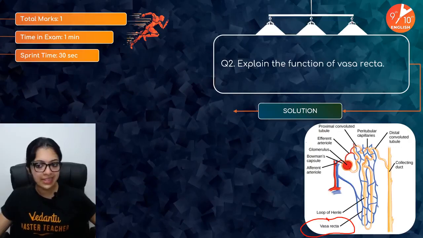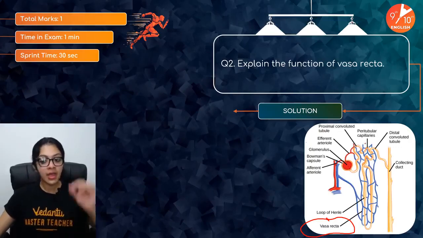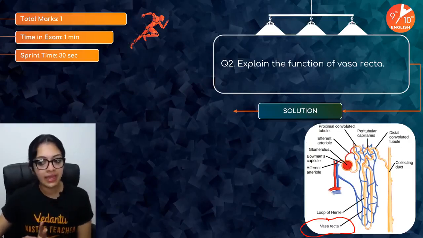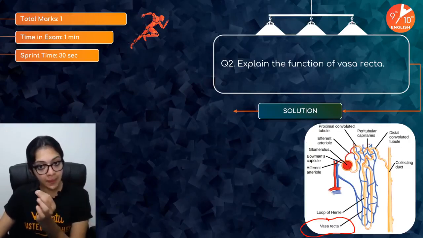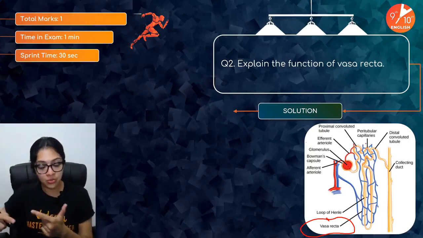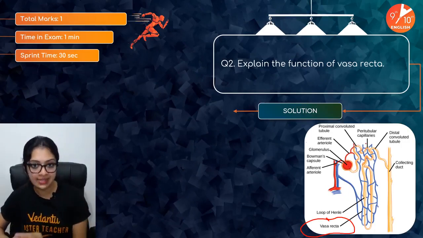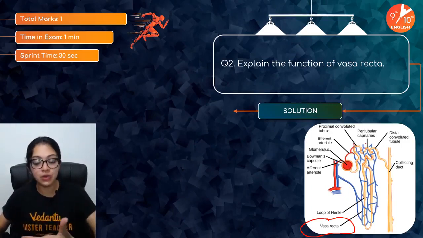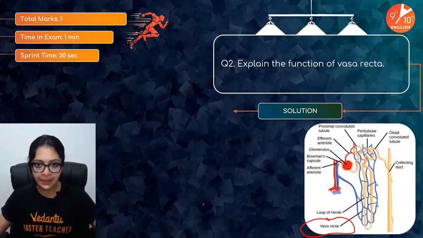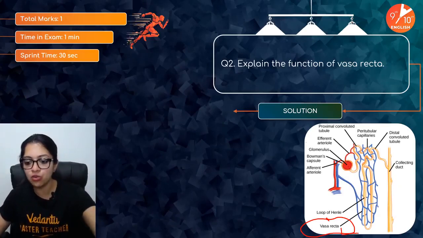As you can see, there is peritubular capillary as well marked here. Basically, the difference is that peritubular capillaries are the capillaries which surround mainly the PCT and DCT, whereas vasa recta is the set of capillaries which surrounds the loop of Henle.